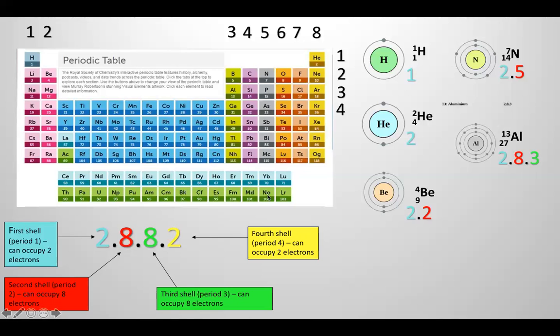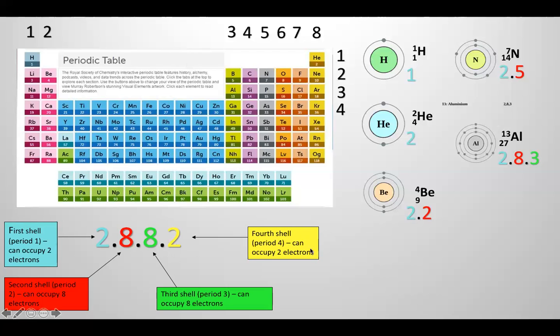And if there are any electrons within this shell, you know straight away that it's in period 4. Okay, and you guys only need to go up to element 20, which is calcium. So you need to be able to draw these structures for the first 20 elements.